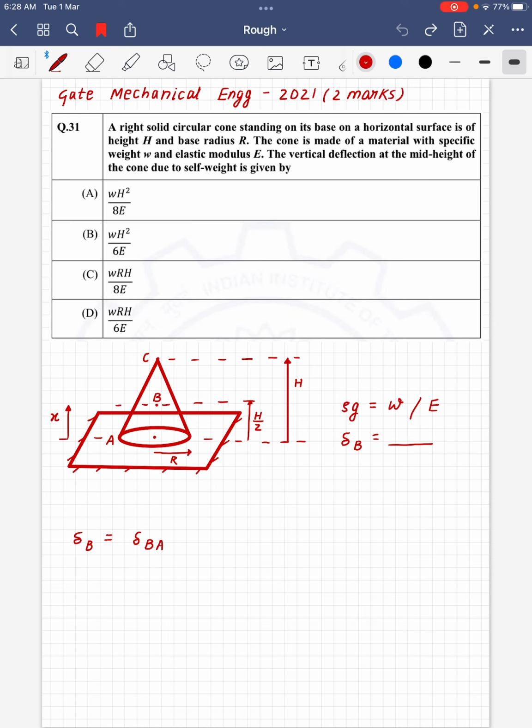A right solid circular cone standing on its base on a horizontal surface is of height h and base radius r.